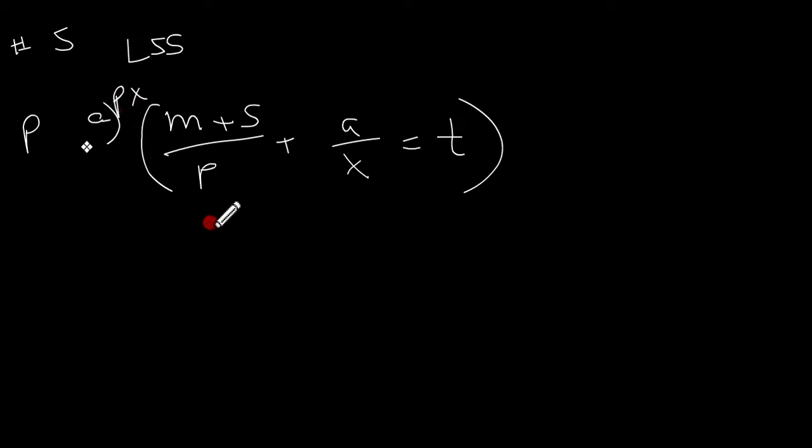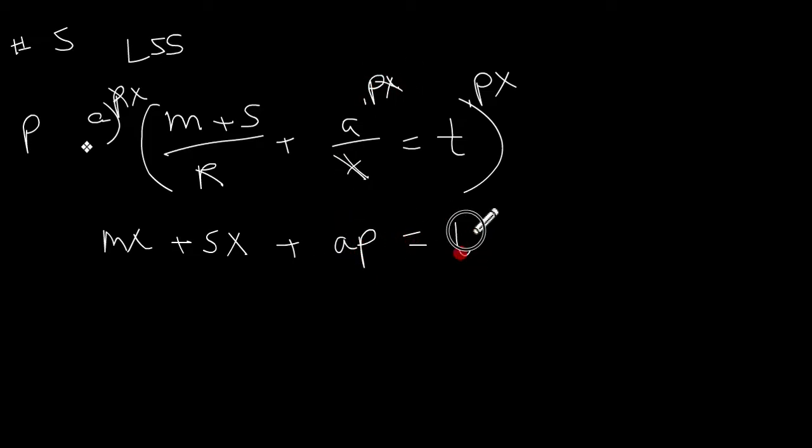We're gonna multiply everything by the common denominator. The P's cross out. It might be easier if I just do it like this. Everything times PX. So the P's cross out, so we get MX plus SX, this is the P, plus the X's cross out, so we get AP equals TPX.